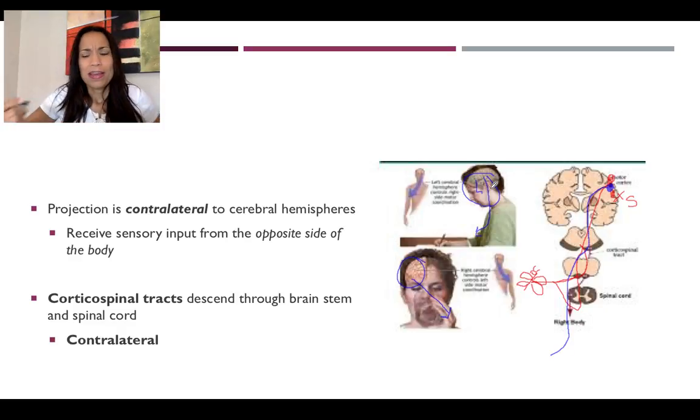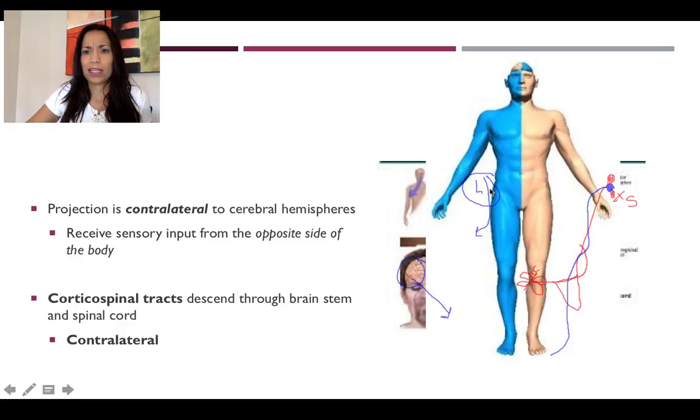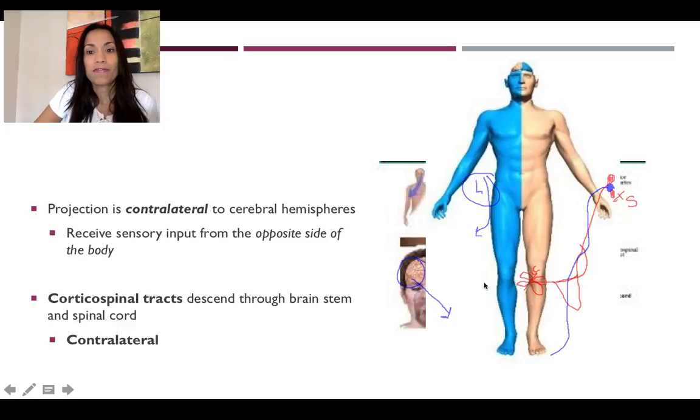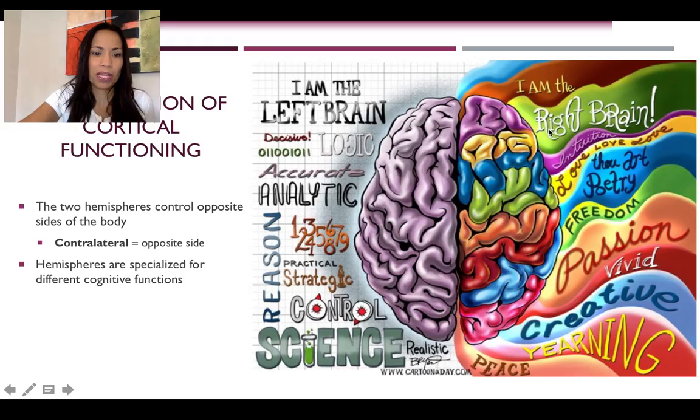I can't tell you how interesting it is. So again, the blue side, the left side of your brain, sends motor commands to the right side, and at the same time, sensory information detected on the right side of your body is sent to the left cerebral hemisphere, and the opposite applies.